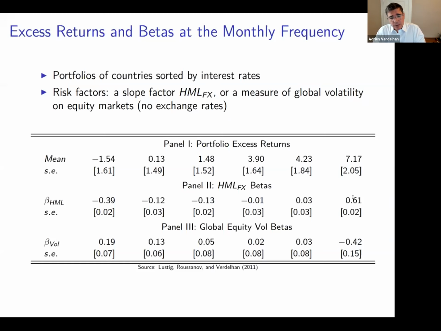But there is more actually, and that's where I think the risk story has some bite. You can build a risk factor without using any exchange rates. Just measure volatility on equity markets, country by country, and then just take the average. So what you have is a pure world measure of volatility, if you want, again, without any exchange rates.